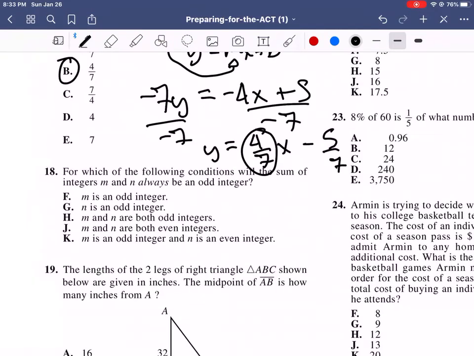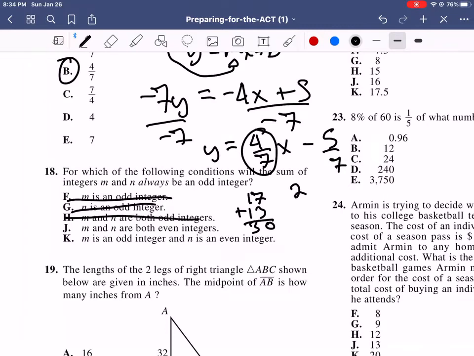For which of the following conditions would the sum of integers m and n always be an odd integer? m is an odd integer and n is an odd integer. Let's try it. 17 plus 13 equals 30. Okay.